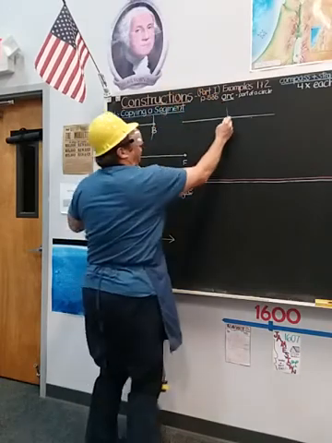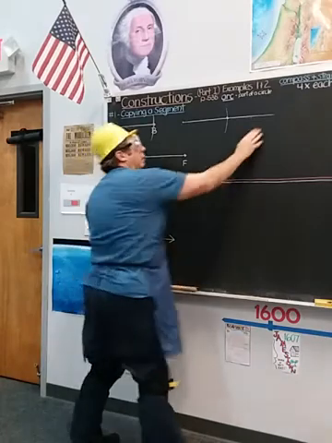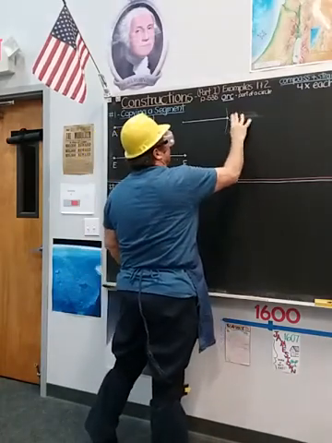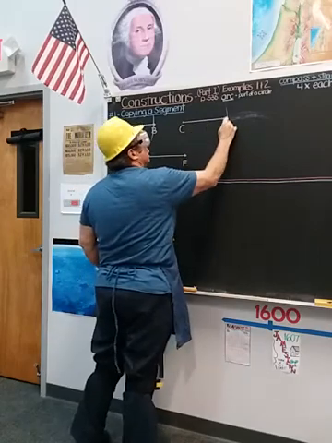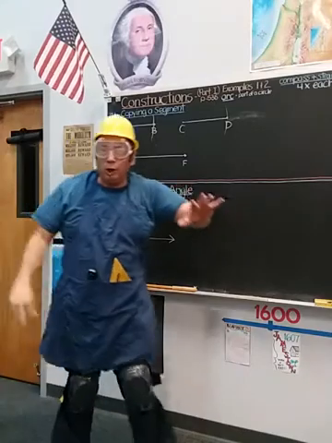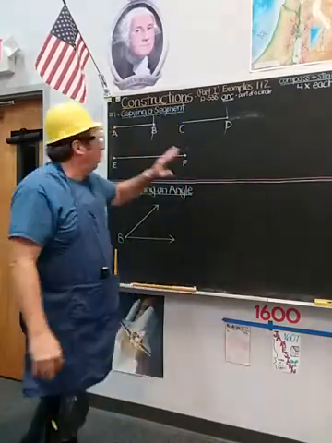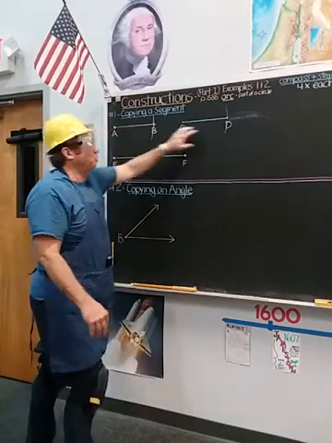Now, this is going to form the end point for my new segment. I erase whatever was past that, and I can call this C, D, and give it some kind of name like that. I guarantee without a ruler, without a protractor, without any of that, what I've done is I've copied a segment. These are both the same length.